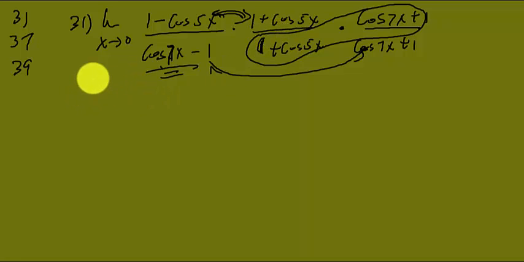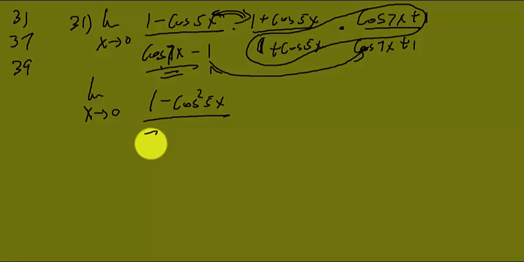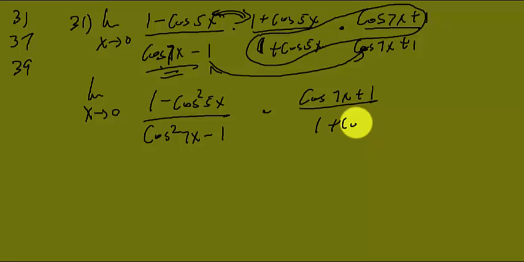So if I rewrite this, it's going to give me the limit as x goes to 0 of 1 minus cosine squared of 5x, all that over cosine squared of 7x minus 1. And of course I still have cosine of 7x plus 1 over 1 plus cosine of 5x.